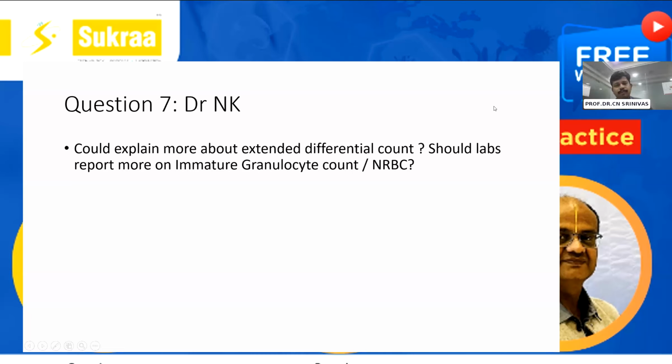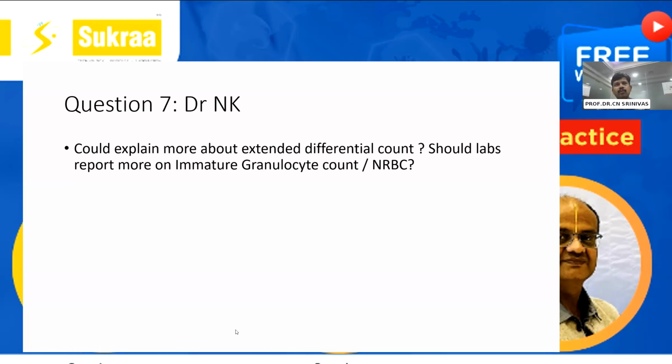So, coming to extended differential count, first we'll categorize this into two. Let's talk about immature granulocyte count first. As most of the audience are very well aware, immature granulocytes are nothing but precursors to WBCs, most commonly neutrophils. These precursors tend to come into circulation during specific conditions.